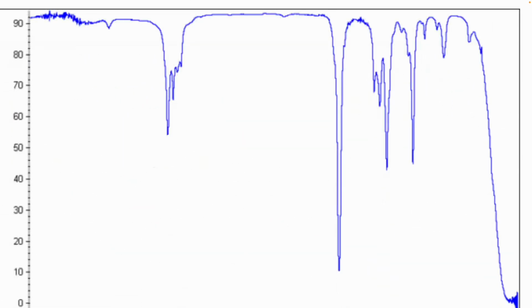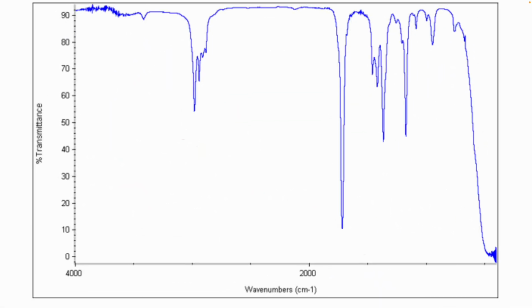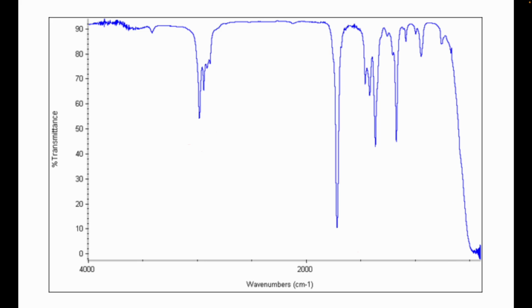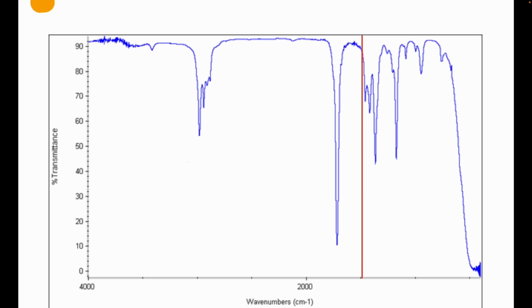Here's an IR spectrum. On the bottom is the wavelength of the photon that I've sent in, and on my y-axis is the transmittance. So these peaks right here, these downward facing peaks, are showing me photons that are being absorbed. Okay, so the first thing we do is cut it up at 1500. Everything below 1500 is what we call the fingerprint region.